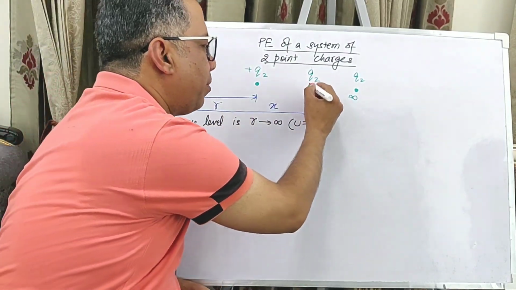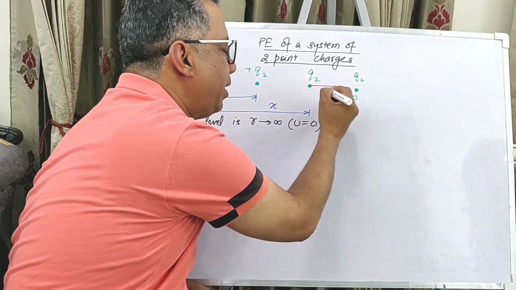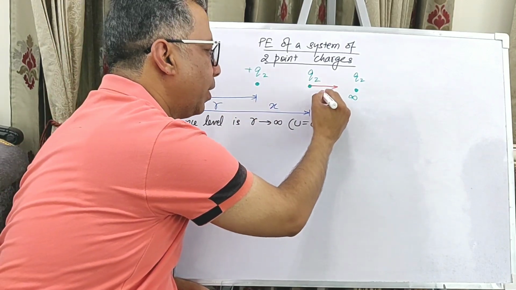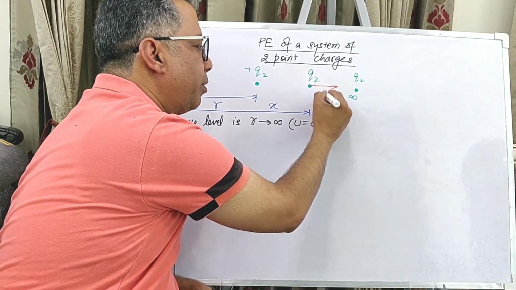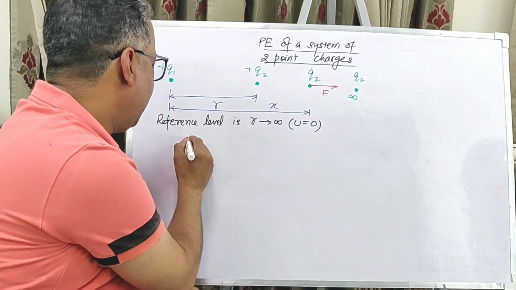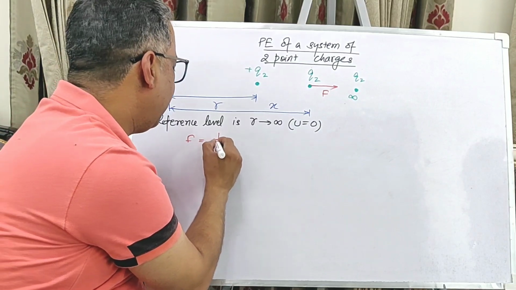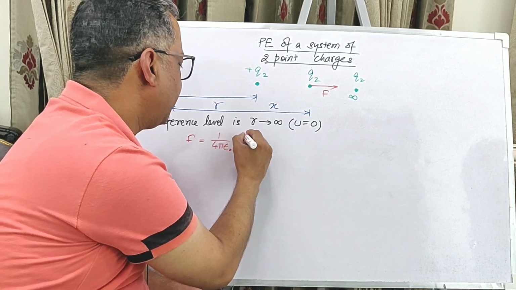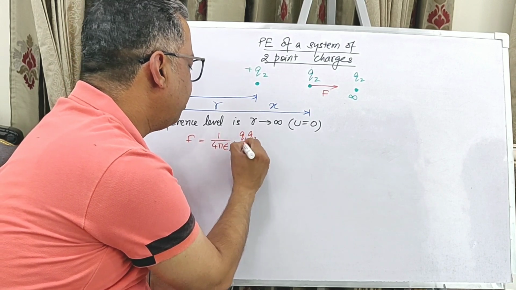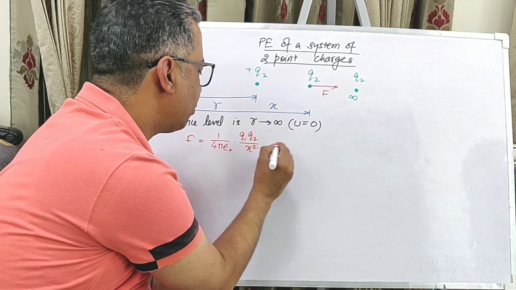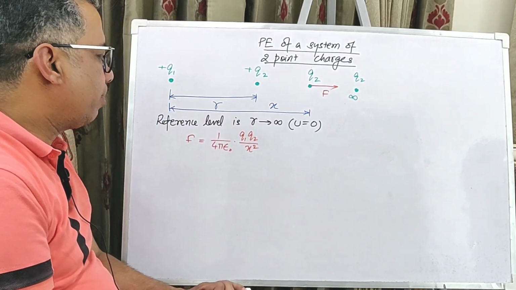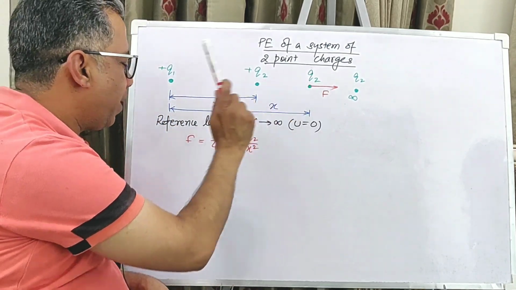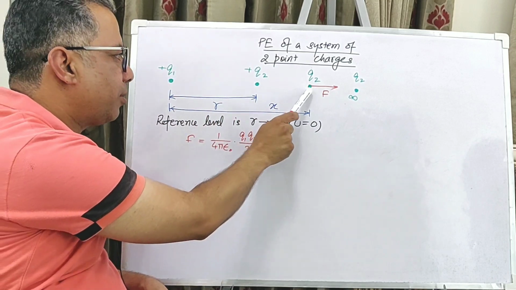Now since the charges are positive, this Q2 experiences a repulsive force. This repulsive force F, of course, has a magnitude given by 1 by 4 pi epsilon naught Q1 Q2 by x square. That's the magnitude of the force experienced by Q2 due to charge Q1.